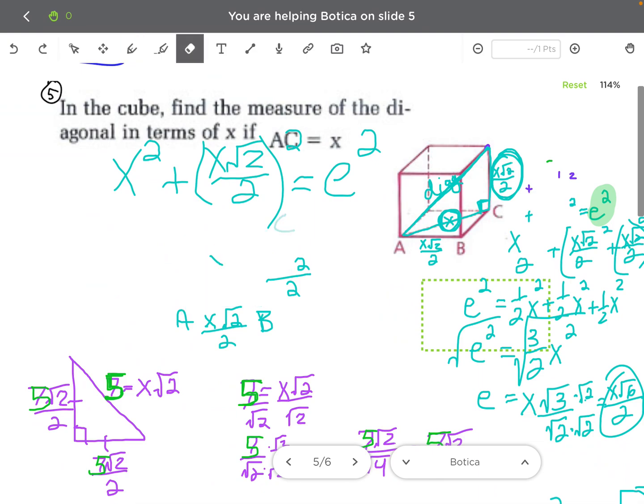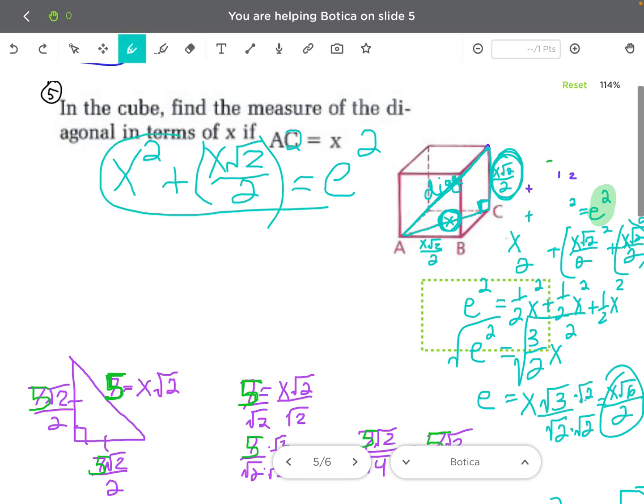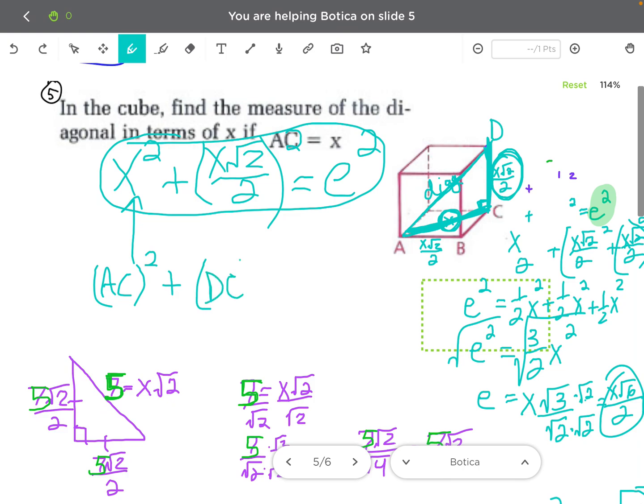So again, this is the equation that you can use if you didn't build your system beforehand, right here. X squared, which is this right here. They told you what AC is. This is AC squared, plus, and then this side piece right here, we can call this AD, or DC, sorry, DC squared, and that's equal to AB squared.